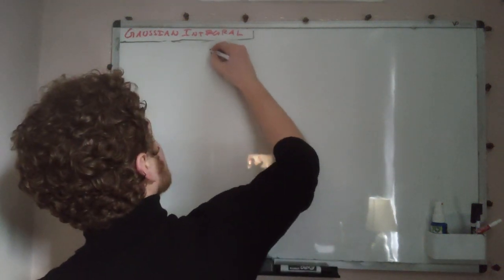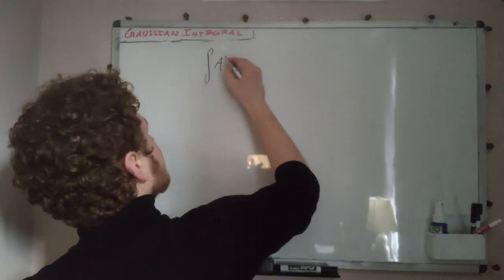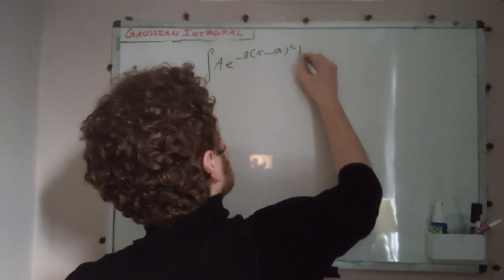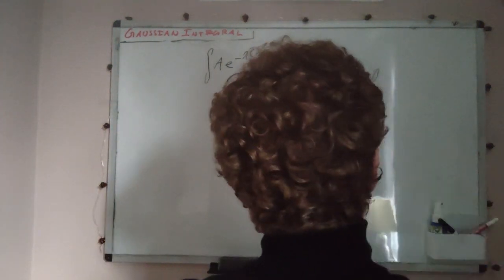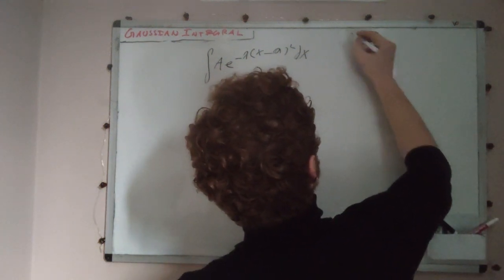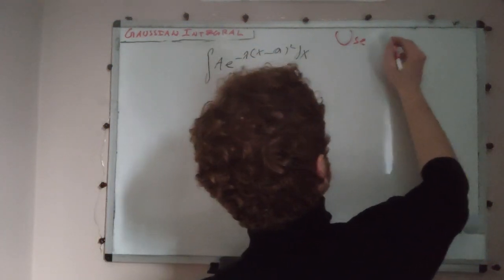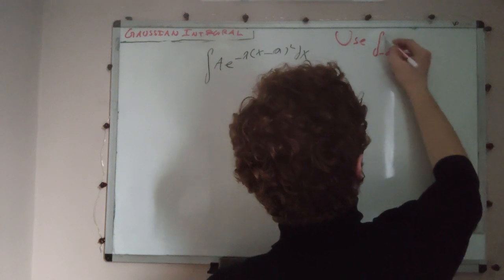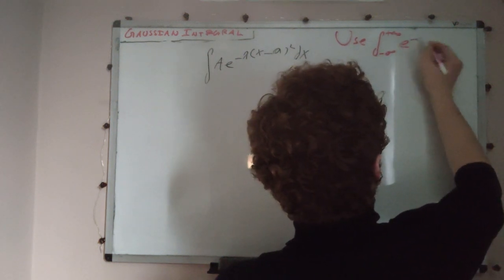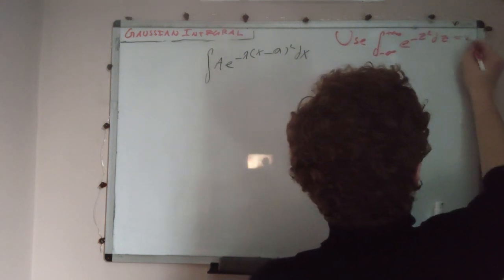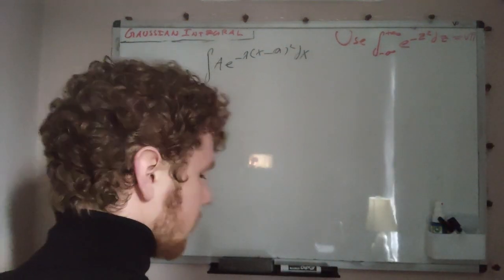So we can just use what we learned, that we're going to call it z just for purposes, the square root of π. Now we can just use that information later on.